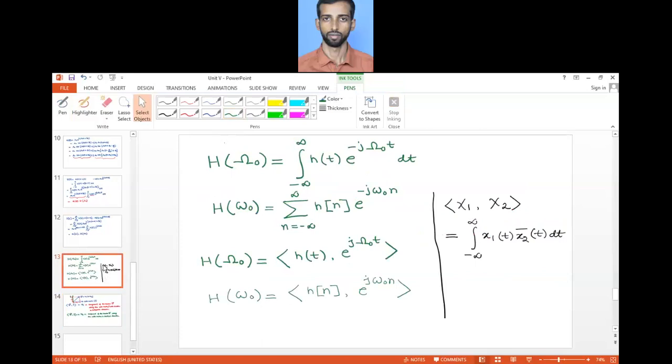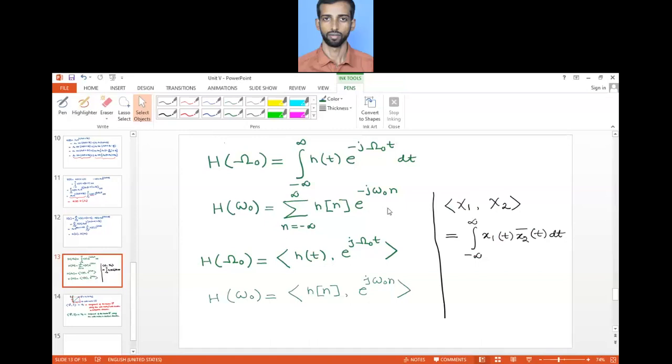The signal that I am getting from the output of an LTI system, when the system itself is excited by means of a complex rotating phasor, is nothing but the applied signal itself multiplied with something, and that something is nothing but the inner product of the impulse response and the frequency of the complex rotating phasor.